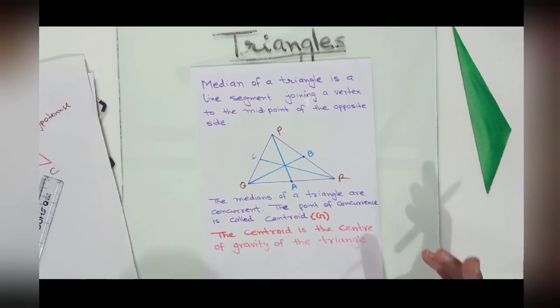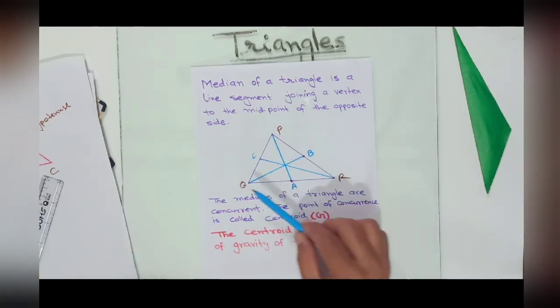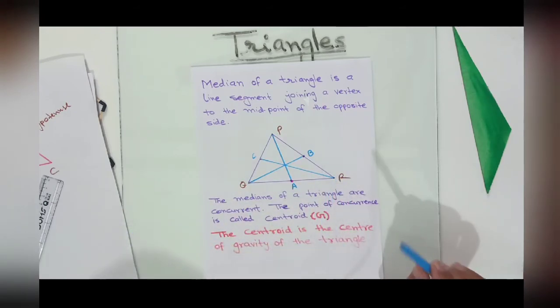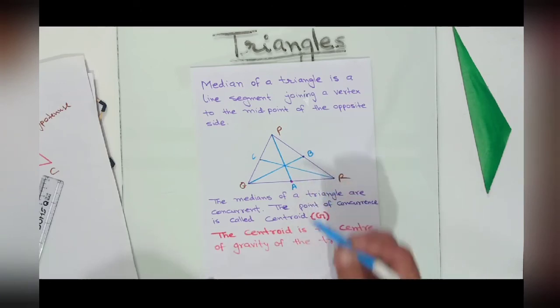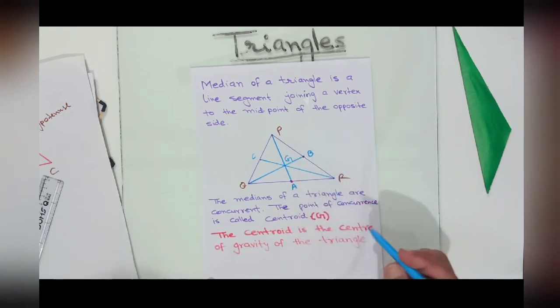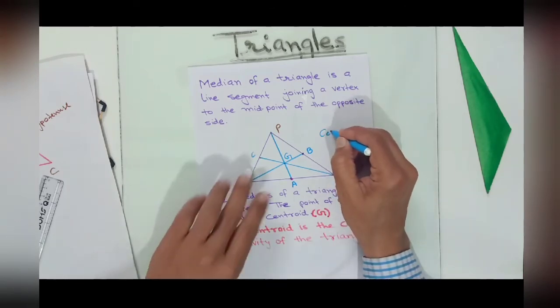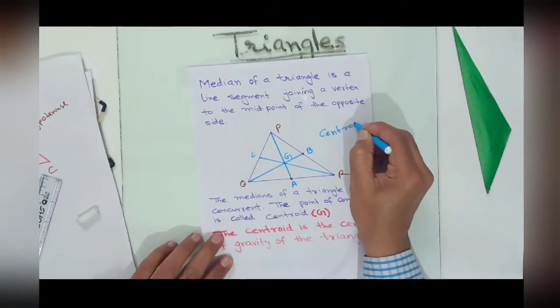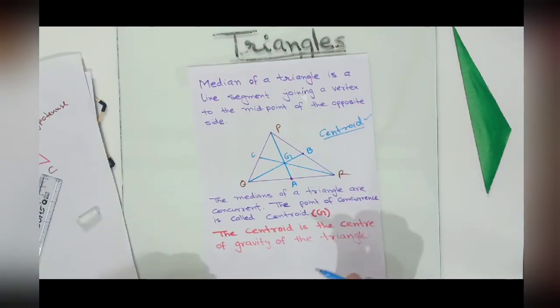Here these are three line segments, PA, QB and RC, and they pass through the same point, so we call them concurrent line segments, and the point of their concurrence is called the centroid of the triangle. It is a very important point within the triangle as it is the center of gravity of the triangle.